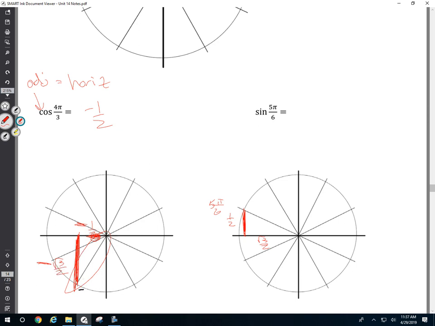Hold on. Wait till the bell. I'm traveling to the left and up. Sine is the opposite, or what will always be the vertical. The vertical, in this case, is a half.